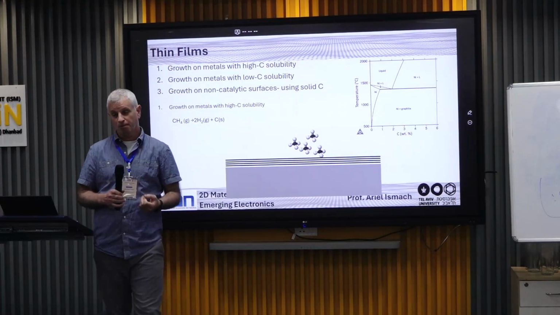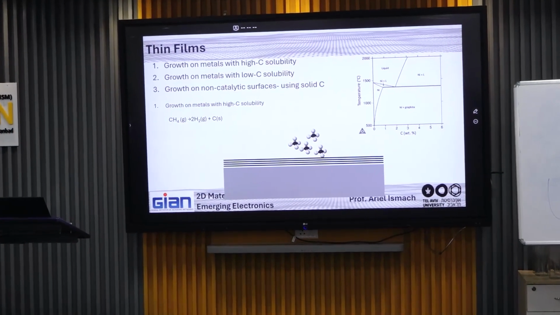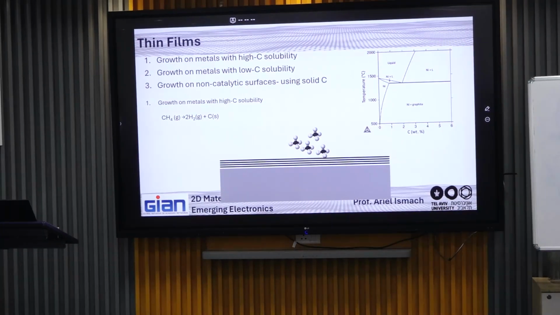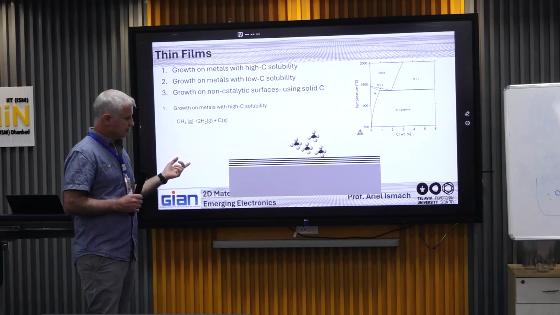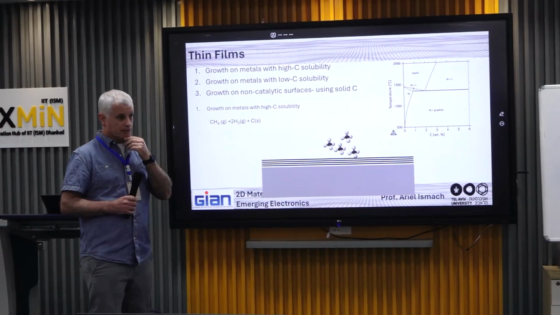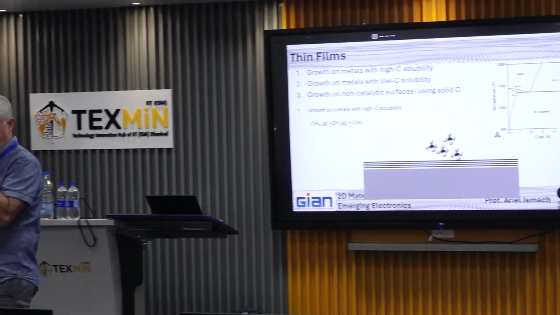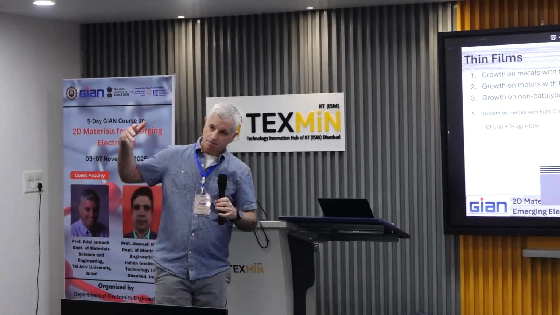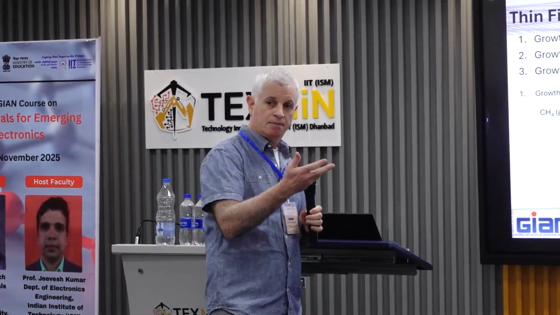Why does it segregate out to form the graphitic phase? Because the graphitic phase is the most stable carbon crystalline phase. And that's why this mechanism usually leads to few layers of graphene, because the carbon first diffuses into the metal and then segregates out.